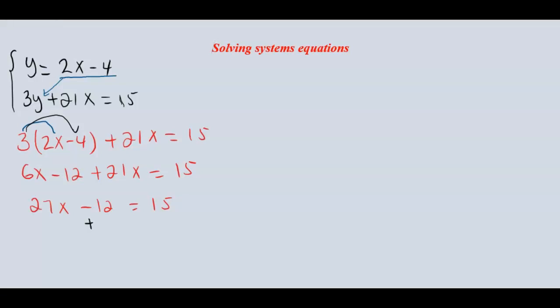We're adding 12 here and we're adding 12 on the other side, and we have 27x, that is 0, negative 12 plus 12 is 0, and 15 plus 12 is 27. Now we can go ahead and divide both sides by 27. That's 27 divided by 27 is 1. So we got x equal 1.